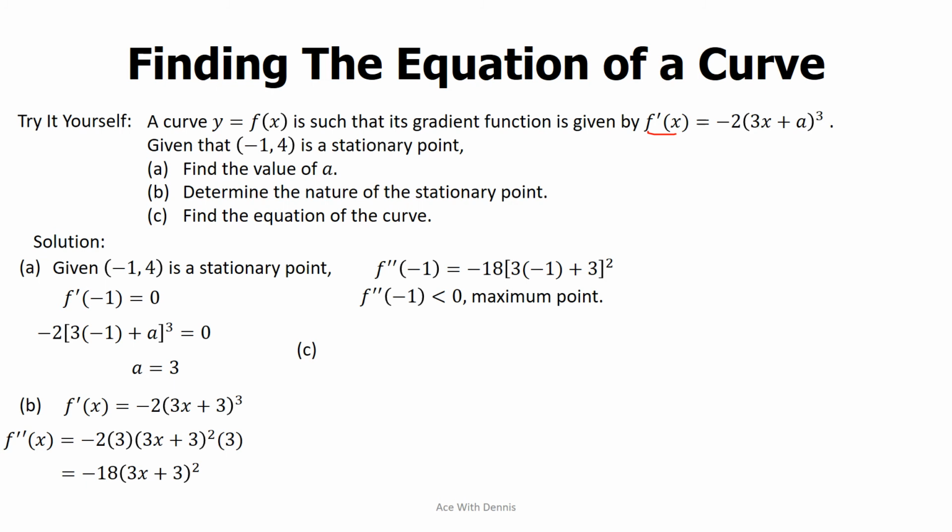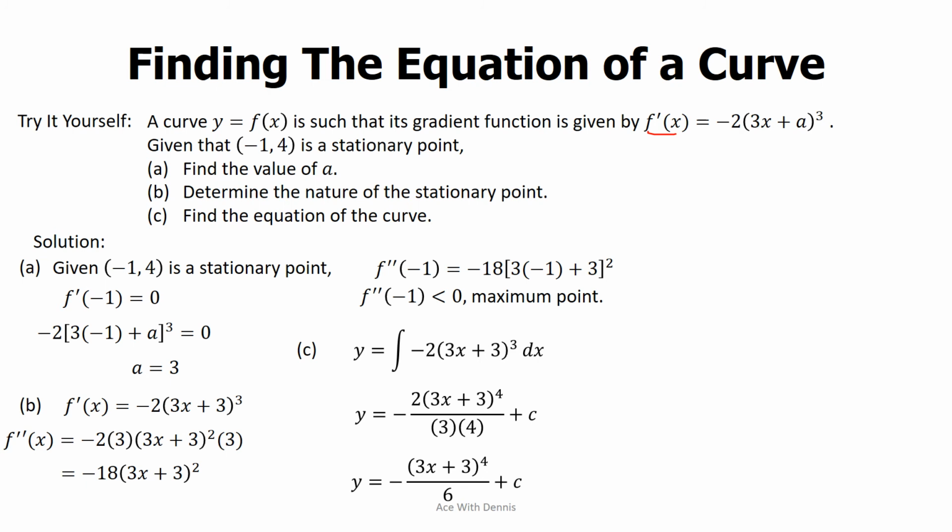c. Find the equation of the curve. To find the equation of the curve, we need to integrate the gradient function. Therefore, y equals the integration of negative 2 times (3x plus 3) cubed dx. So we get y equals negative 2 times (3x plus 3) to the power 4 over 3 times 4, plus c.